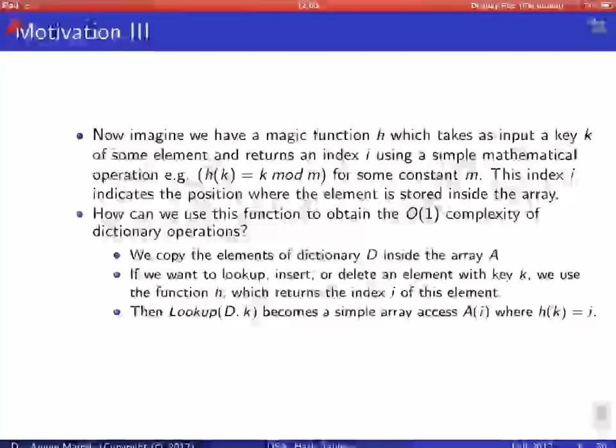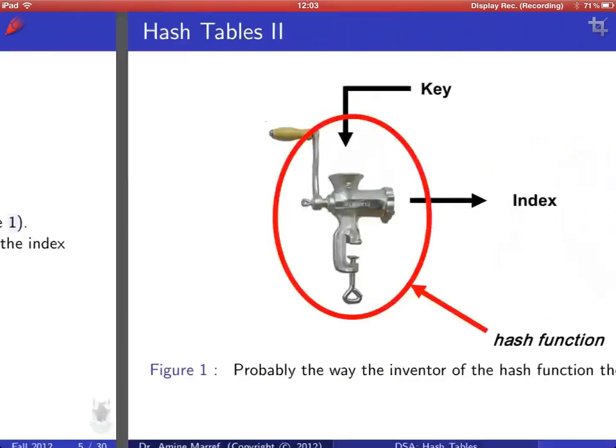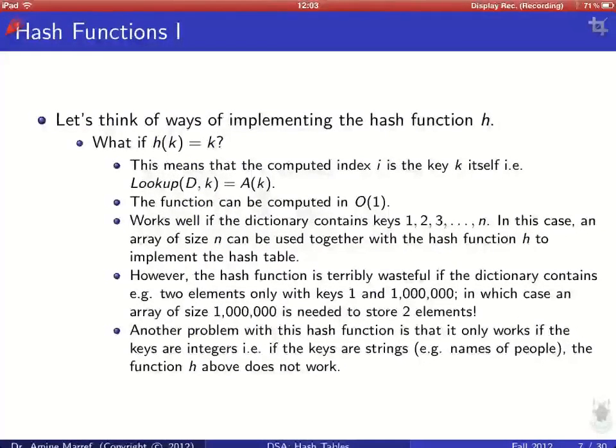This is exactly what we are going to see in this lecture. There are two main strategies: one is called open hashing, and one is called closed hashing. Open hashing and closed hashing are strategies for tackling the problem of collisions in hash tables.